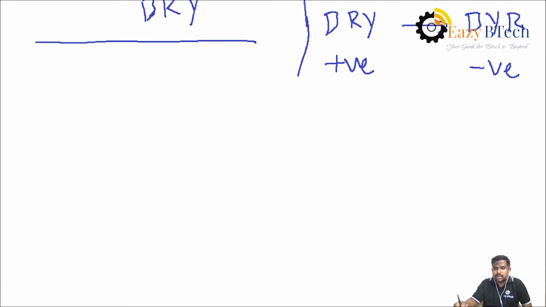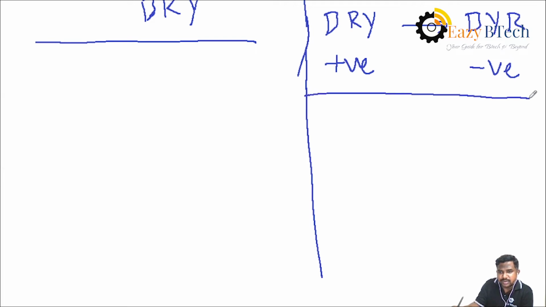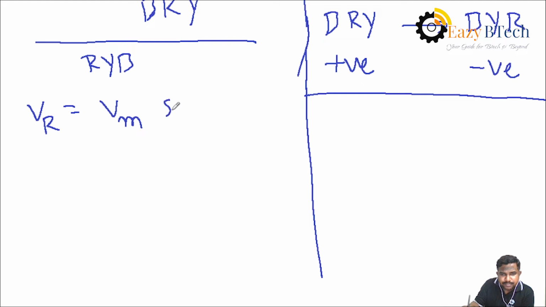Then again, in case of phase sequence, what are the equations of the phase waveform? Suppose the reference is VR, and the phase sequence is R, Y, B. Then the equation becomes Vm sin omega t, which is the reference equation.